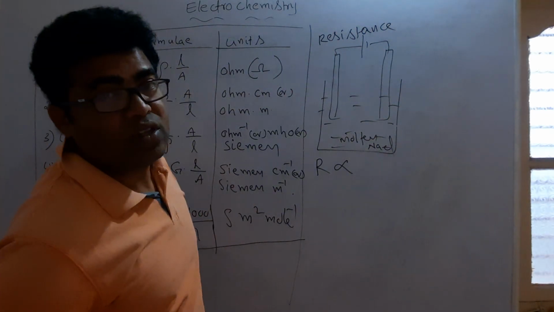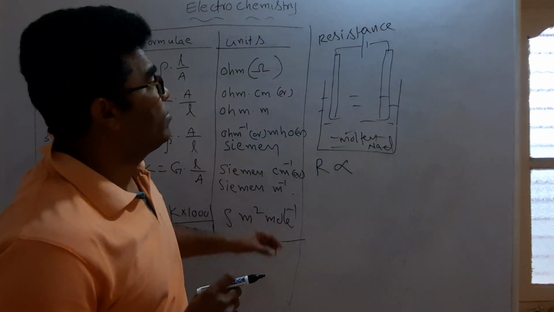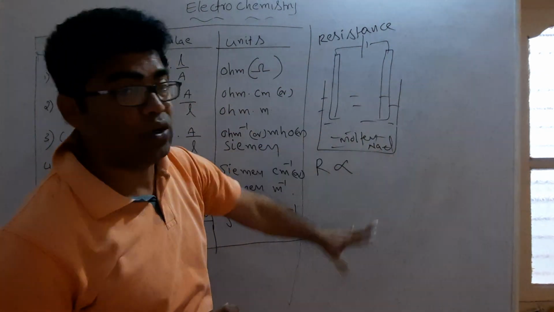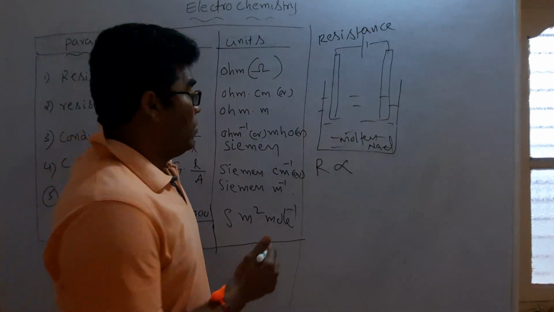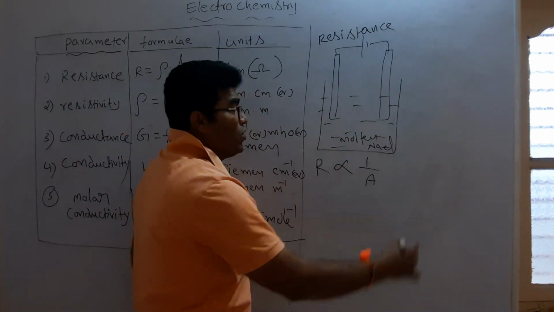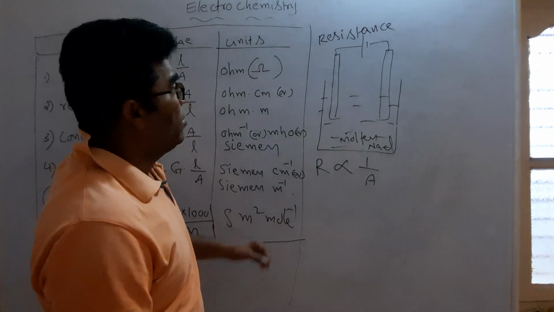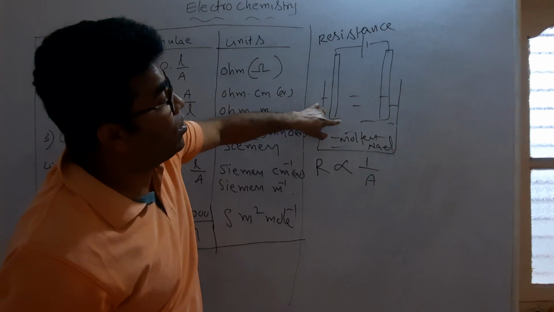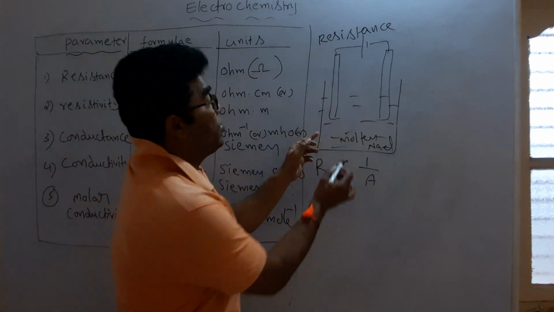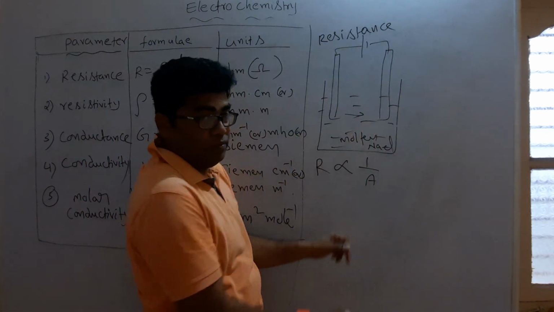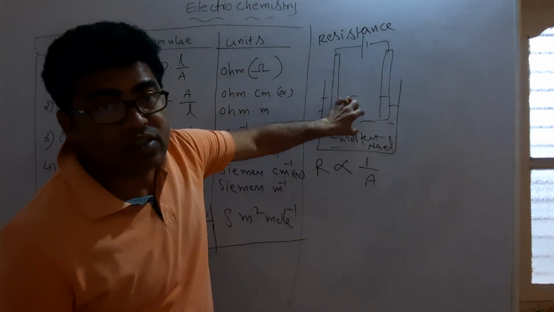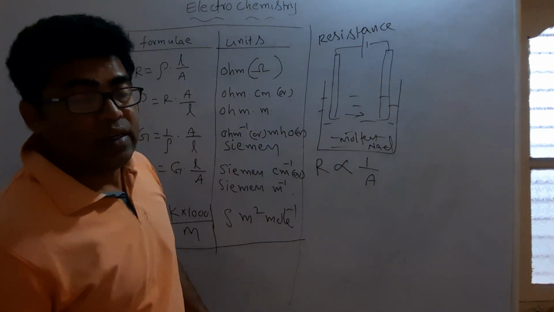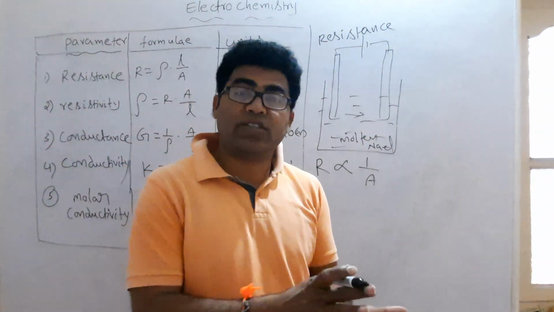So we are going to observe the resistance of the electrode and electrolytic solution. R is inversely proportional to the area of the electrodes. Whenever electricity enters through the platinum rod into the electrolyte, it transfers from one electrode to the other. The electrolytic solution allows electricity as well as opposes that flow.